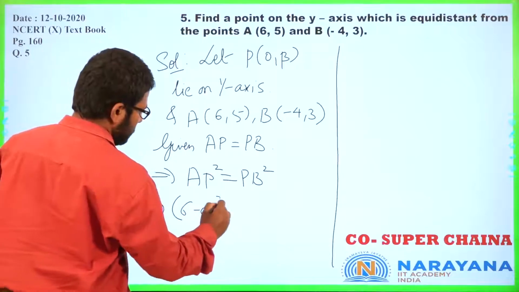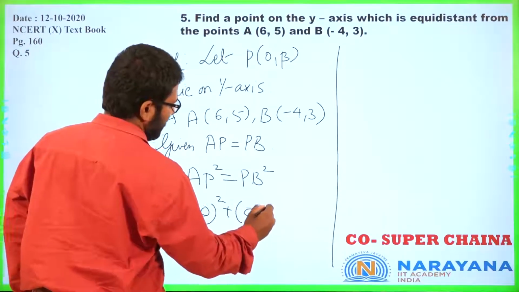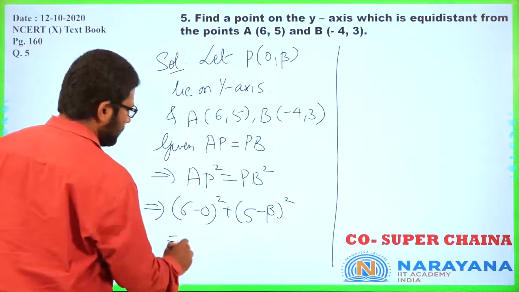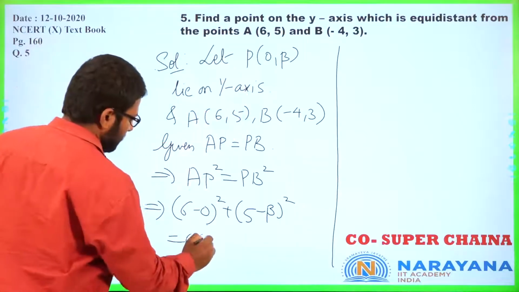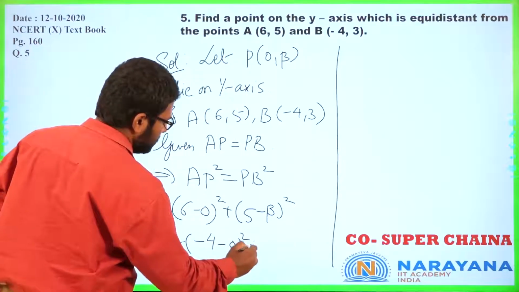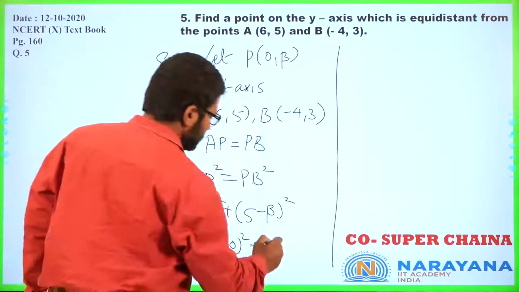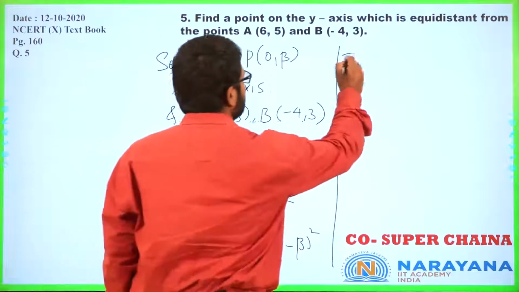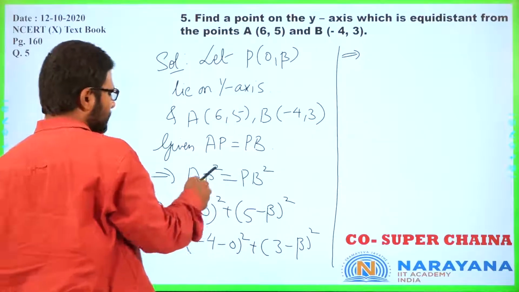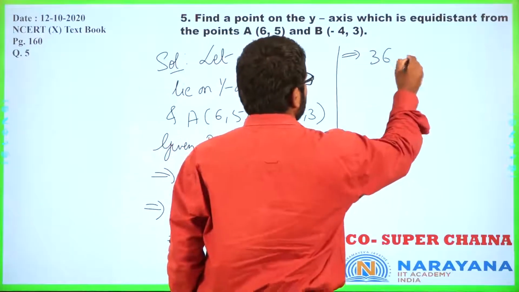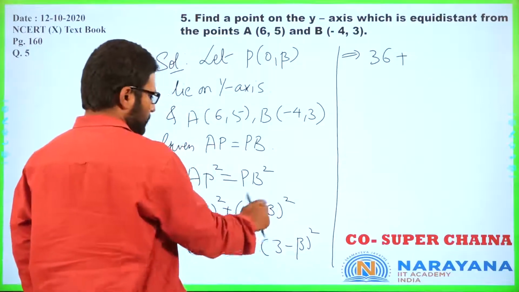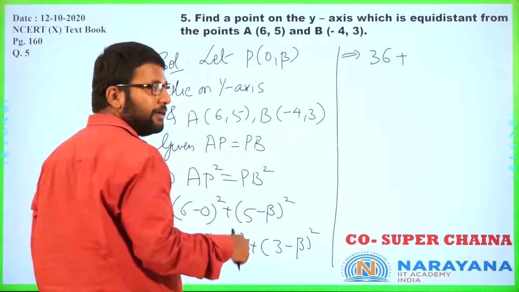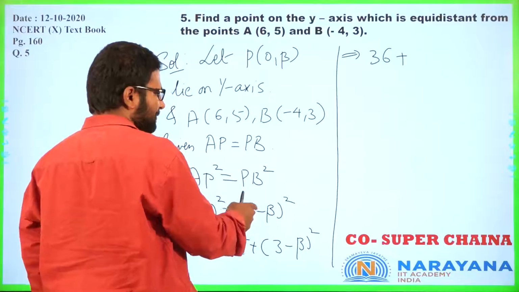Now get AP square. 6 minus 0 the whole square plus 5 minus beta the whole square equal to BP square. Minus 4 minus 0 the whole square plus 3 minus beta the whole square. Right? Which means 6 minus 0 whole square 36 plus 5 minus beta the whole square. Apply the formula a square minus 2ab plus b square.